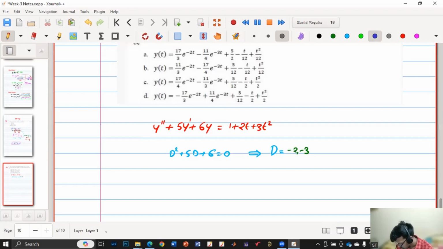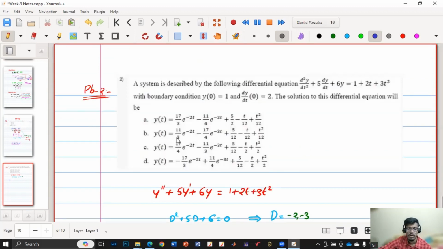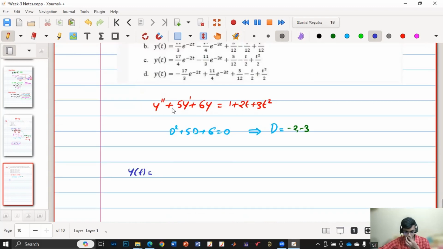The roots are minus 2 and minus 3, and this is my x of t.